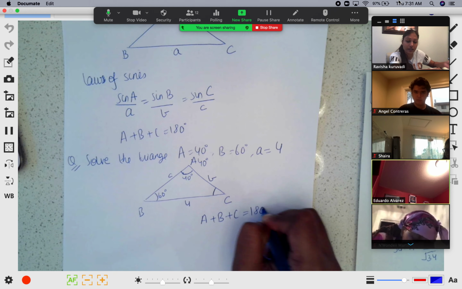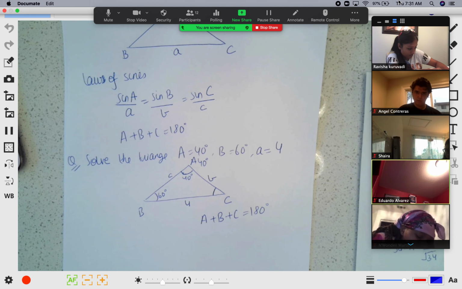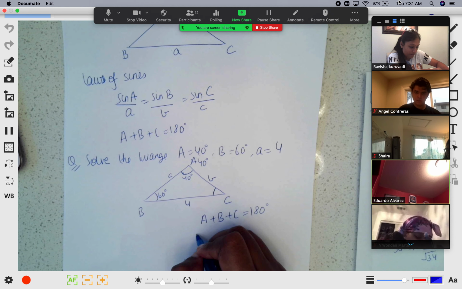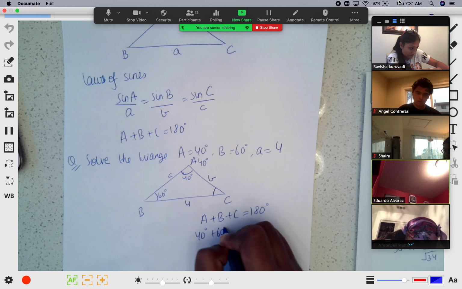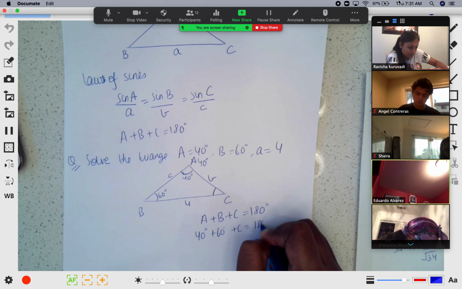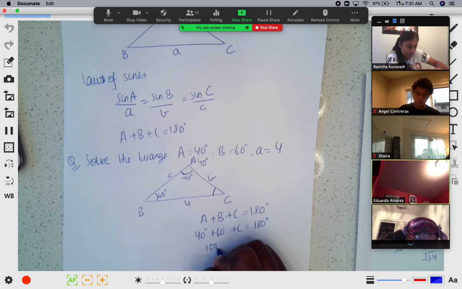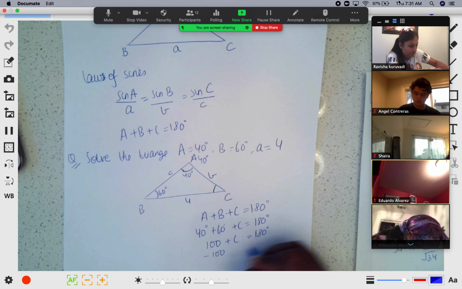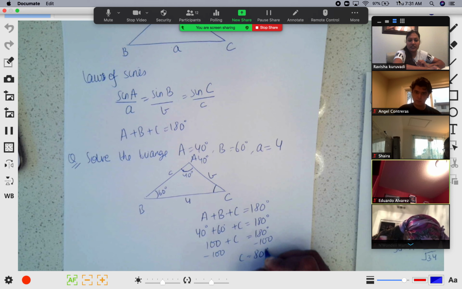We know this already. So in this, what's your A, Eduardo? I mean, the A is going to be 40, B is going to be 60, and the C, we can just subtract by combining both A and B, 100, which equals 80. Yes, you get 80 degrees. So you got 80 degrees.